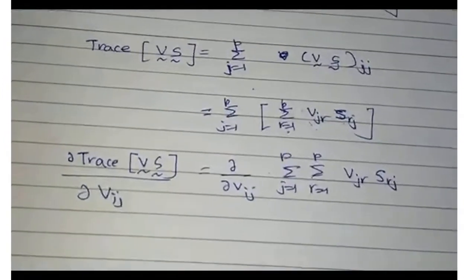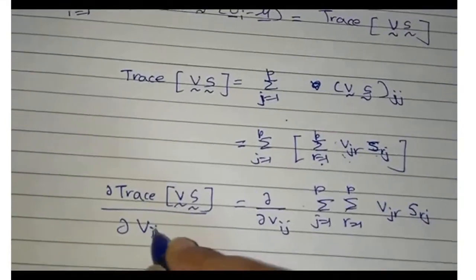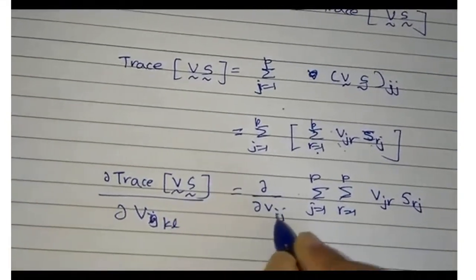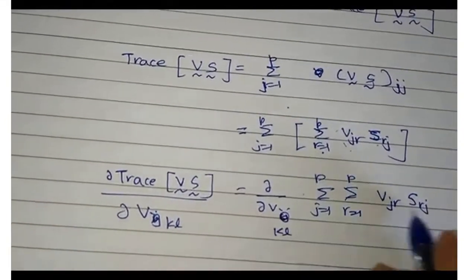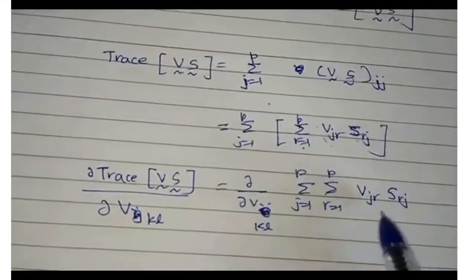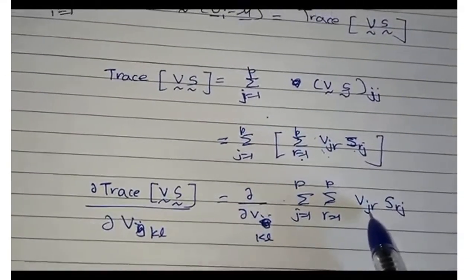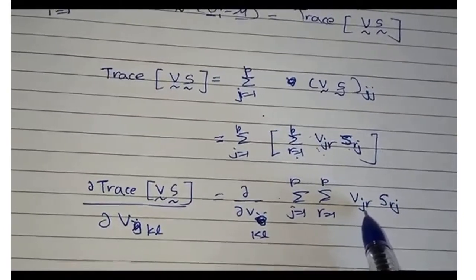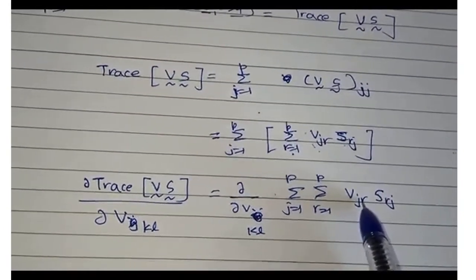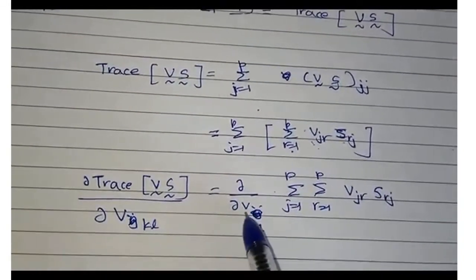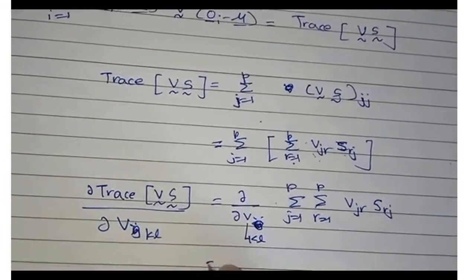Let me say the derivative with respect to, in general, kl instead of ij, because j I am using here. So from this derivative, only when I have kl here, meaning when j is equal to k and r equal to l, only at that time V_kl will survive, otherwise it won't.